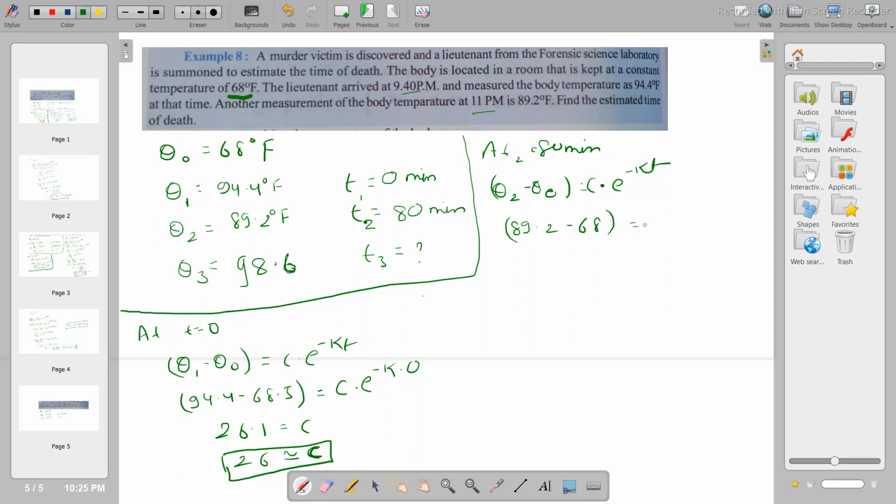We got the c value as 26, and the value of t is 80. Now 89.2 minus 68, we got 21.2.